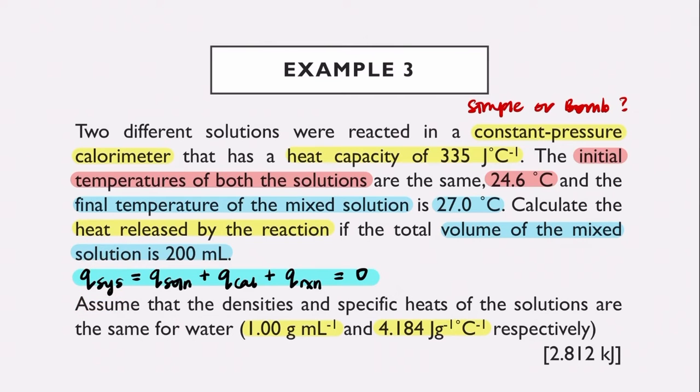The heat of the system, consisting of solution, calorimeter and reaction, will equal 0 because there is no heat escaping to your surroundings. Assume that the densities and the specific heats of the solutions are the same as for water. So here we have density and the small c, specific heat capacity, of your solution.